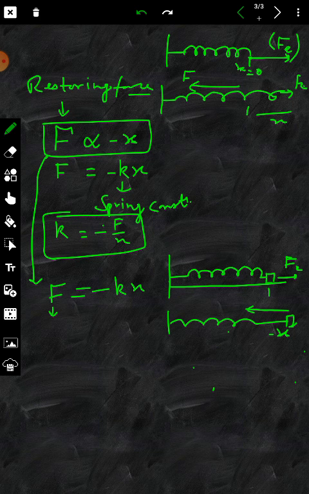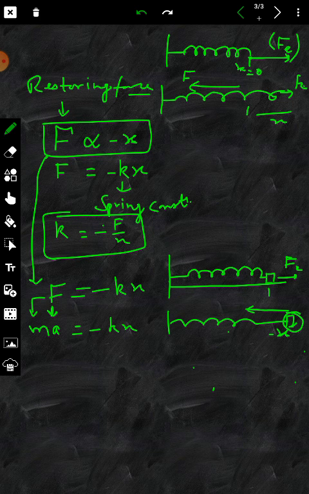The force caused by this restoring force in this object of mass m can be written as m into a according to Newton's second law of motion. So this is equal to minus k into x. Here the restoring force, according to Newton's second law, can be written as m into a, where a is the acceleration caused by this force in this object.